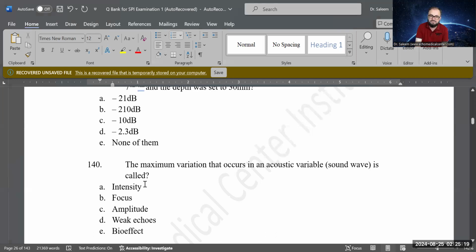It is intensity, focus, amplitude, weak echoes, or bioeffect. What do you think? It's a really easy question, honestly. Yes, C is the correct answer. Amplitude is the maximum variation that occurs in an acoustic variable or in a sound wave. That is the correct answer.